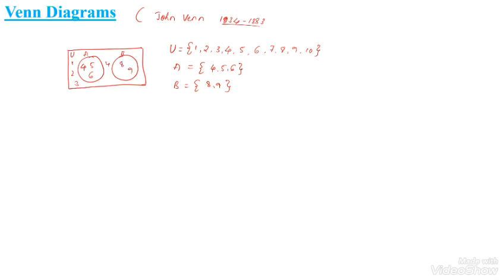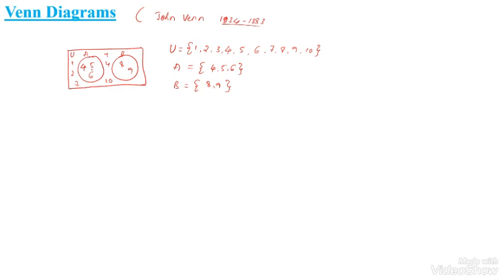The whole rectangle represents the universal set, and all the elements are taken here. This is the general representation of the Venn diagram.